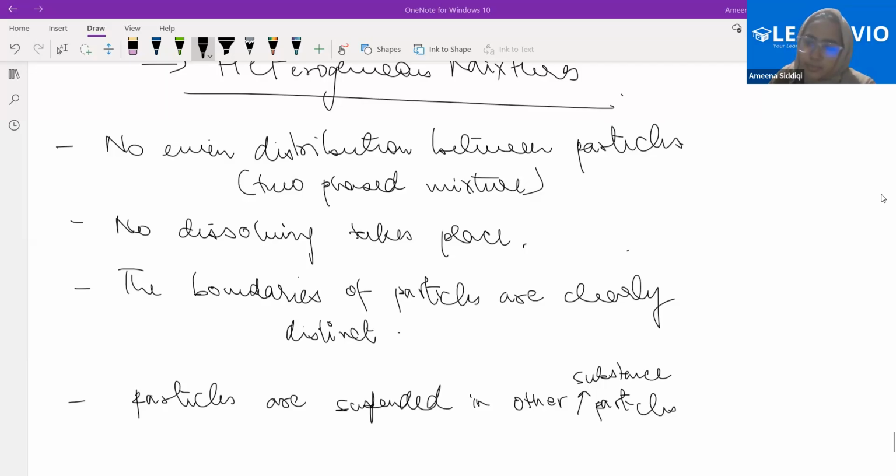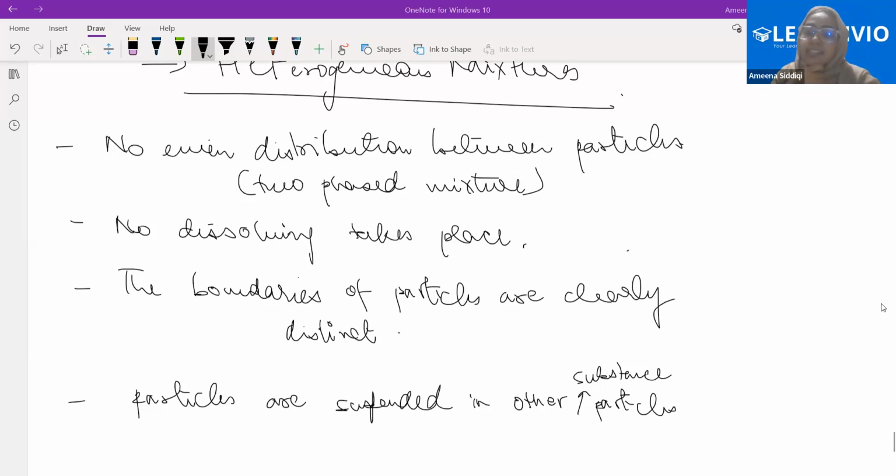No. Then there's just one mixture that cannot be separated out by physical methods of separation. Recall. Go through your notes. There's something called alloys.